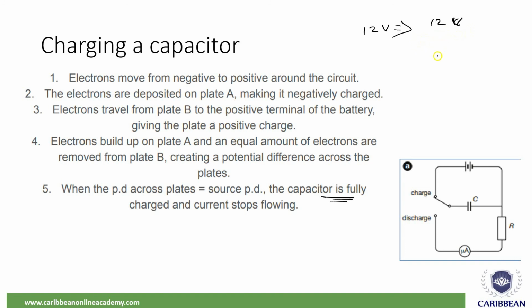So if you get a scenario that says the capacitor is fully charged, it means that whatever voltage the power supply has is the same amount of potential difference that is going to be measured across the capacitor. Now, mind you that this is a circuit that shows you when the capacitor is being charged. When a capacitor is being charged, it is connected in series with the power source. Follow me? Good. Now, we're going to talk about discharging a capacitor eventually, but at this point, let's just talk about charging a capacitor for now.